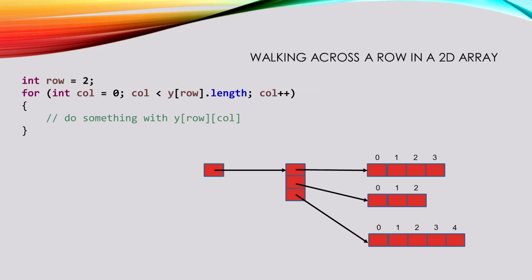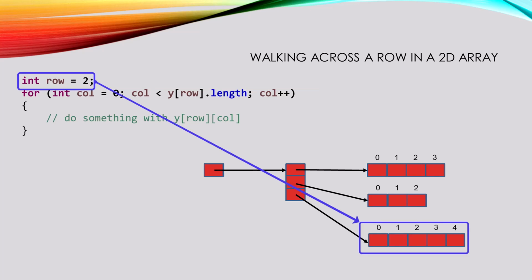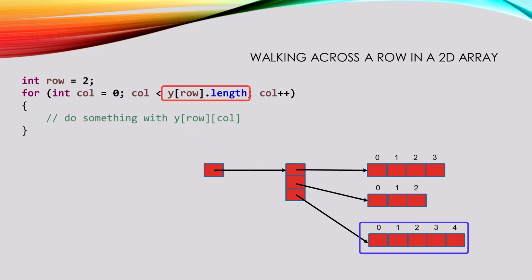For example, if row is 2, then we're going to be walking through this array. y sub row dot length will be 5, so col will go from 0 to 4. y sub row sub column will walk down this array. So our usual walking through the array loop structure works to walk through one row of our array.